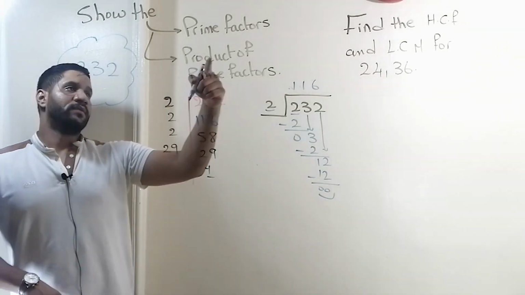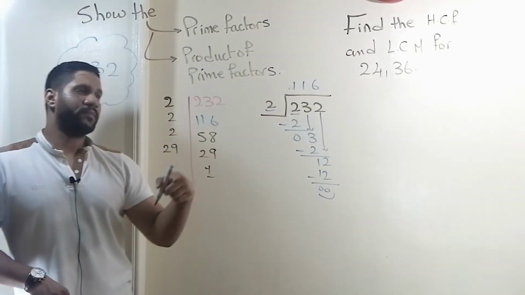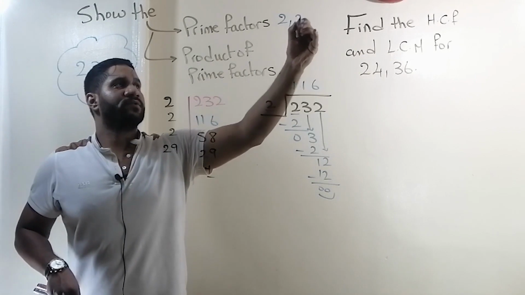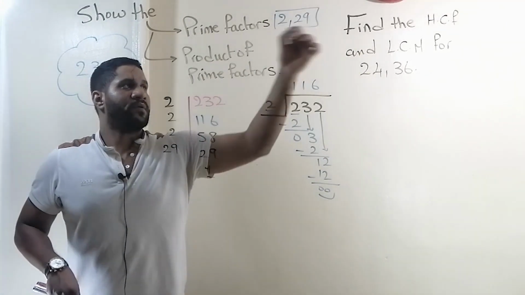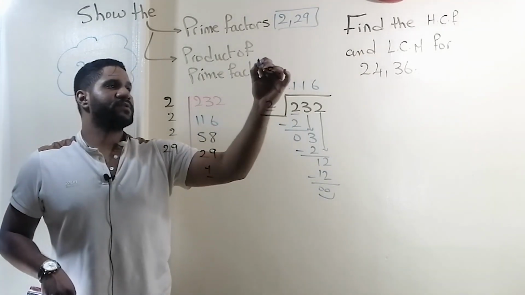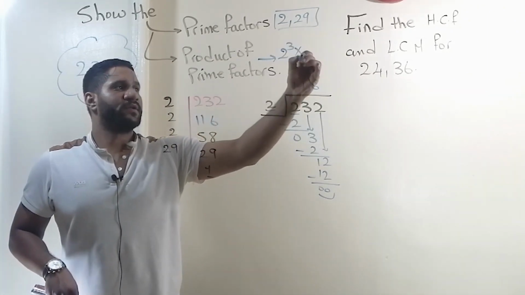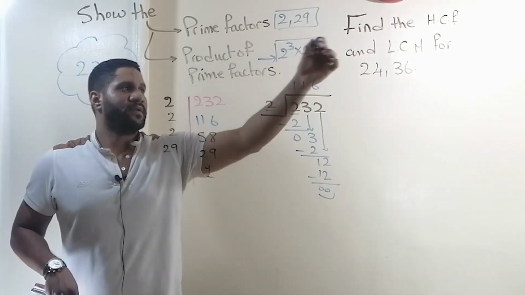So to show the prime factors of this number, I used only 2 and 29. While for the product of prime factors, how many times did I use 2? 3 times, so it's 2 power 3 times 29.